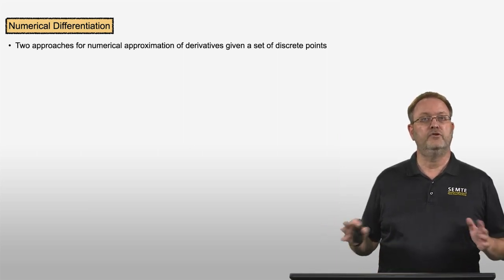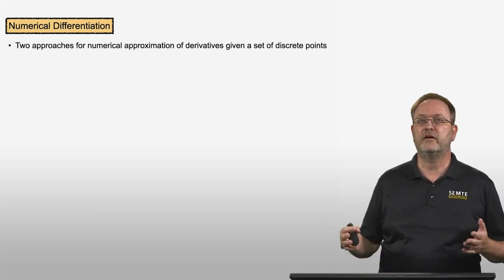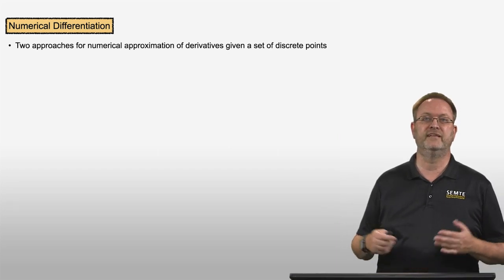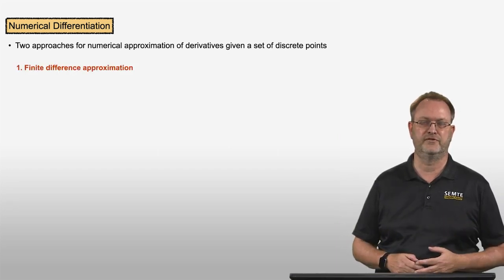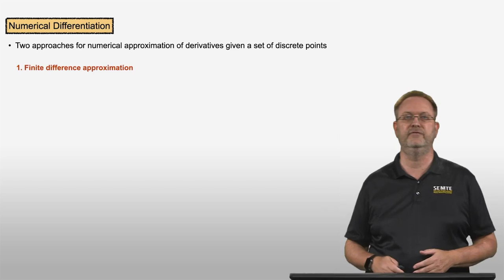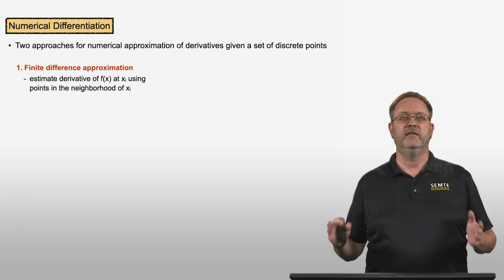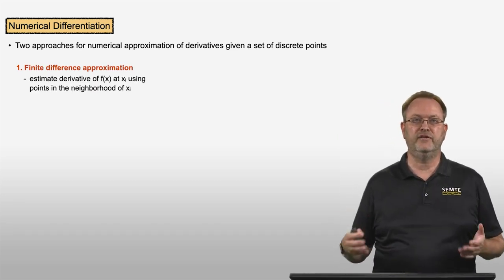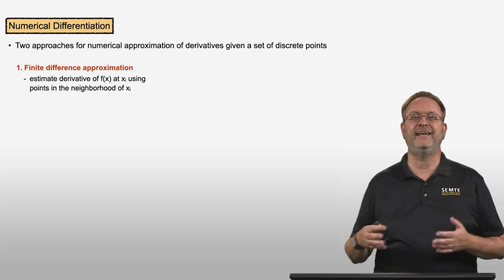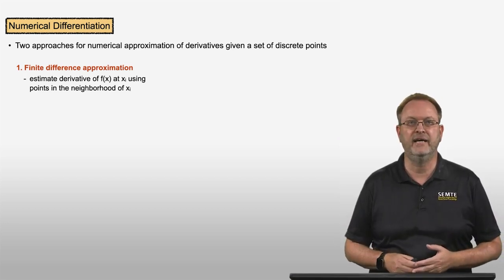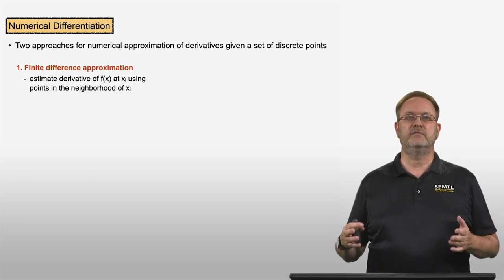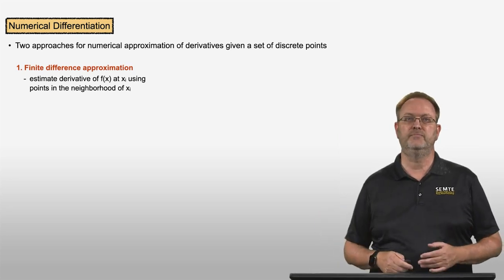So in general, there are two approaches for the numerical approximation of a derivative that is given by a set of discrete points. The first one is called finite difference approximation. There we estimate the derivative of the function f of x at a discrete point xi using points in the neighborhood of this point xi.